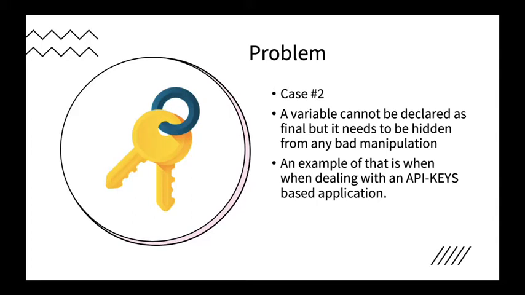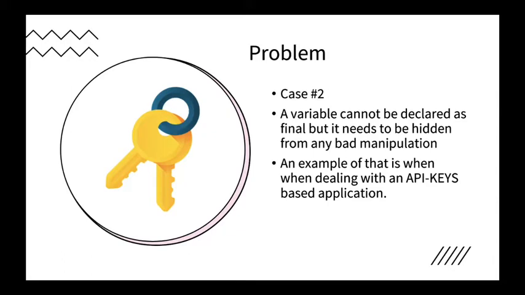So the API keys should be well preserved. Generally, programmers store API keys somewhere in their project. So let's suppose that by mistake they have accessed these variables and they have modified one of them. So our keys will be lost forever.